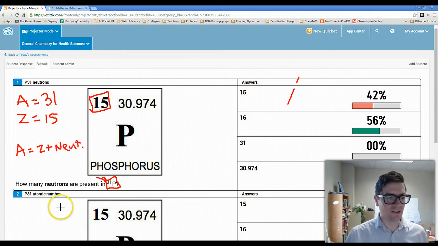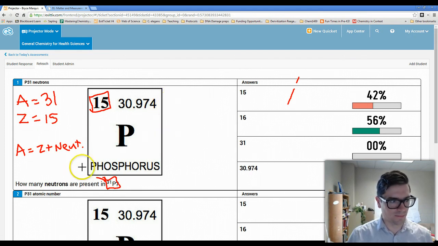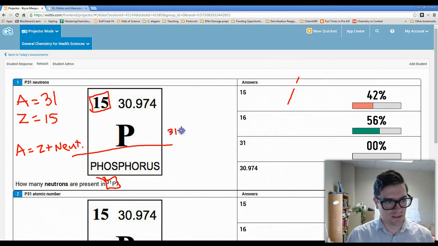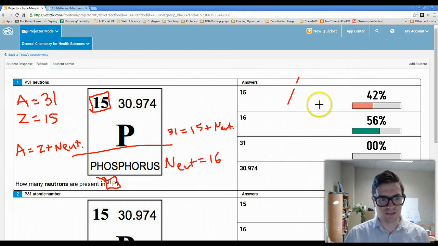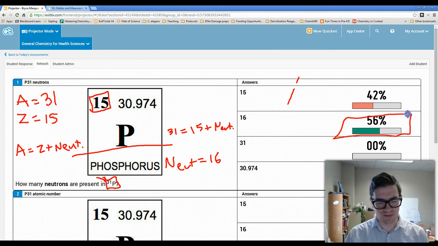If we follow this logic, 31 equals 15 plus neut. So our neutrons are going to be 31 minus 15, so that's 16. That's why that was the correct answer here. About half of you got that right, a little over half.